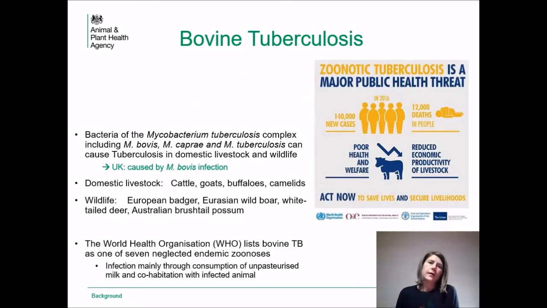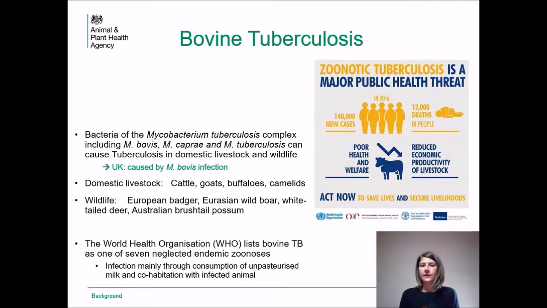There's also other wildlife, such as the white-tailed deer or Australian bush-tailed possum, that can be infected by M. bovis. I thought I'd also mention that bovine TB is a zoonotic disease and is indeed listed by the World Health Organization as one of 7 neglected endemic zoonoses. Infection mainly occurs through consumption of unpasteurized milk and cohabitation with infected animals, so it's not really a big issue nowadays in the UK or in most countries of Europe since the introduction of pasteurization of milk in the early to mid-last century.